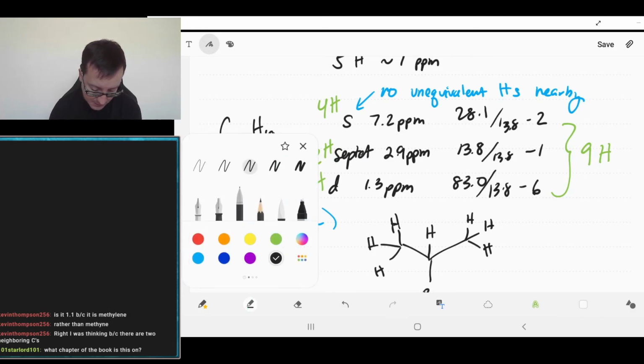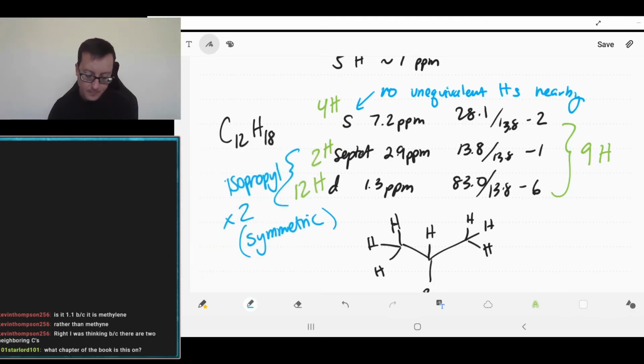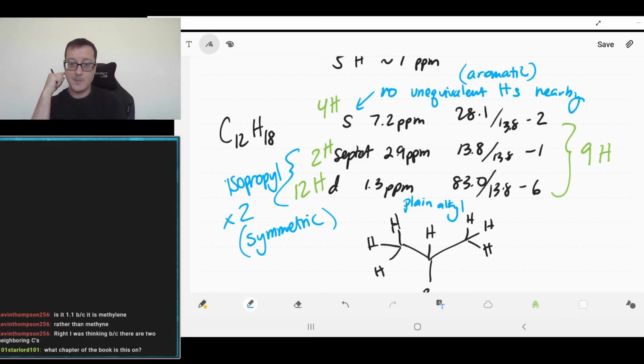The last thing we want to think about is where these are going to be showing up. We have 7.2, that's the aromatic region. We have 1.3, that's just a plain old alkyl, CH3s showing up about 1.3, and it's a doublet. That's okay.